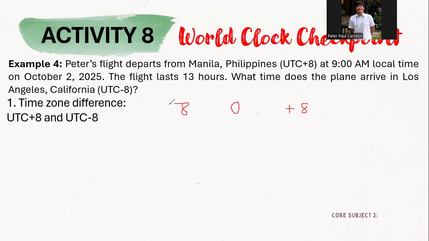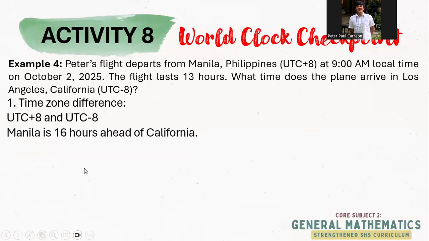So when we get the time difference, we follow 8 minus negative 8. So flip and then change. It gives us a difference of 16 hours, meaning Manila is 16 hours ahead of California.